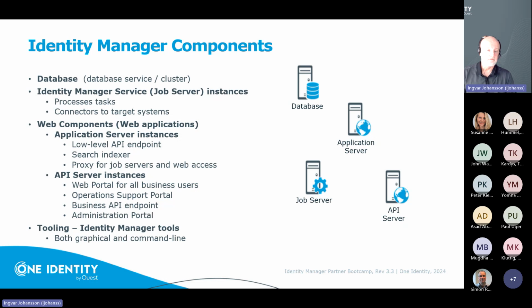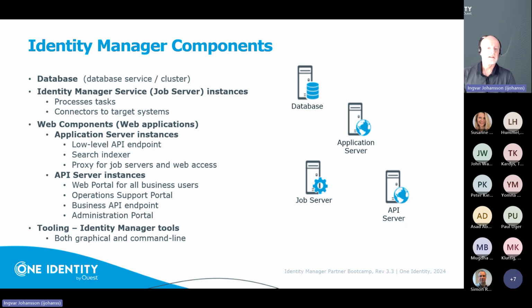And we have two web applications with the product. One is called the application server, and the other one is called the API server. Now, the application server, you need to have it. It's not an application in a traditional sense, as with a Java platform where an application server literally executes code. It's just named application server, and it provides some services.